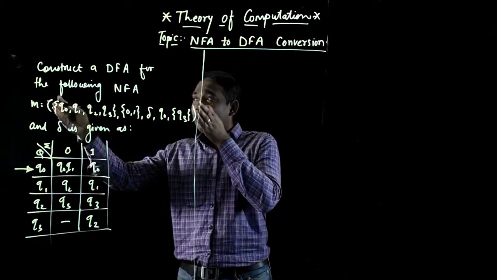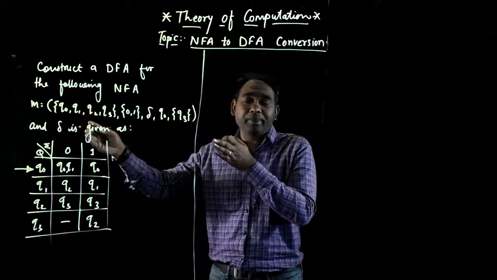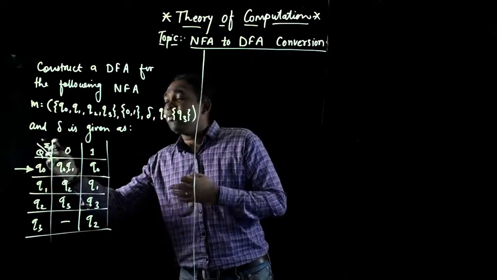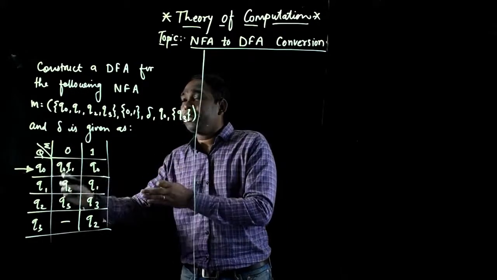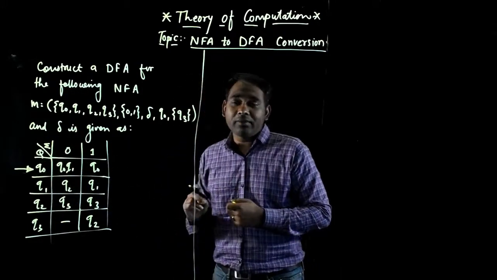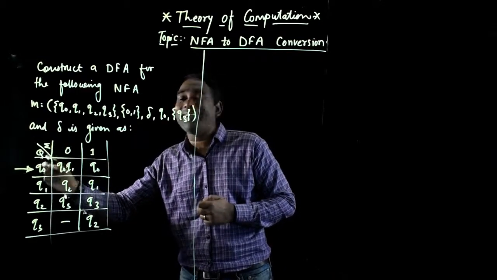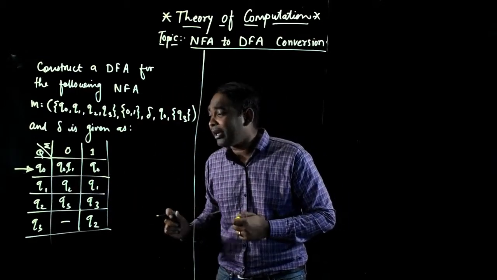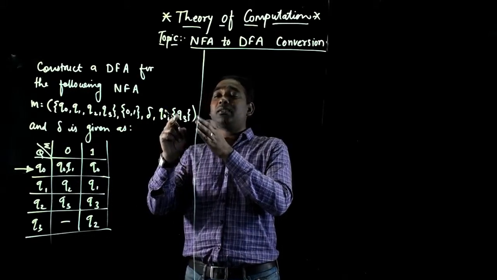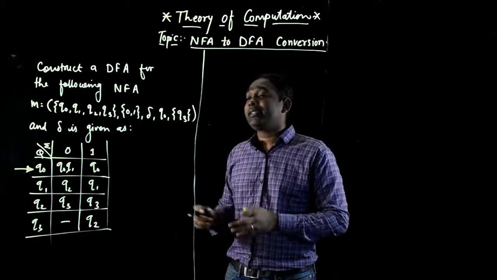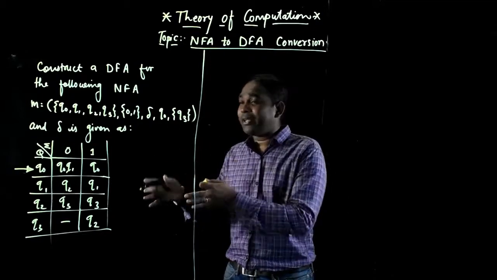If the machine is not given in terms of these tuples and only the table is given, then we must know which is my initial state. In your table, the arrow will be heading towards the state which will be treated as your initial state. And this is the final tuple: it says that it is a set of final states. Here you are having only one final state.